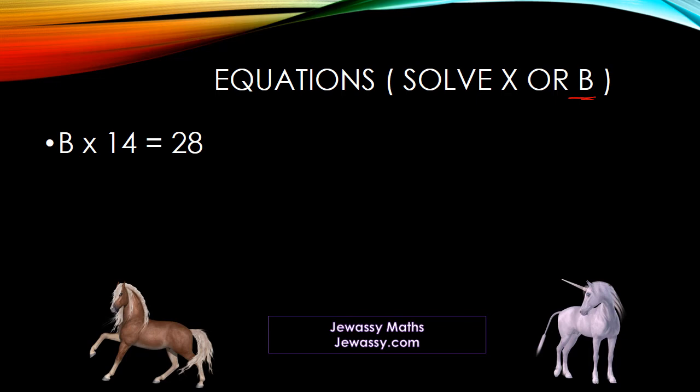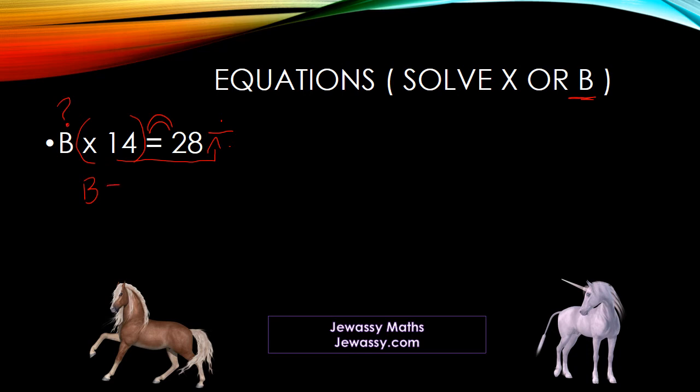So let's have a look here. We know that our multiply by 14 will go under the rainbow, under the equal sign, and when it goes, it changes form. Like a horse changes to a unicorn, it becomes divide. So we're going to say B, and the reason why, we want the unknown variable on its own.